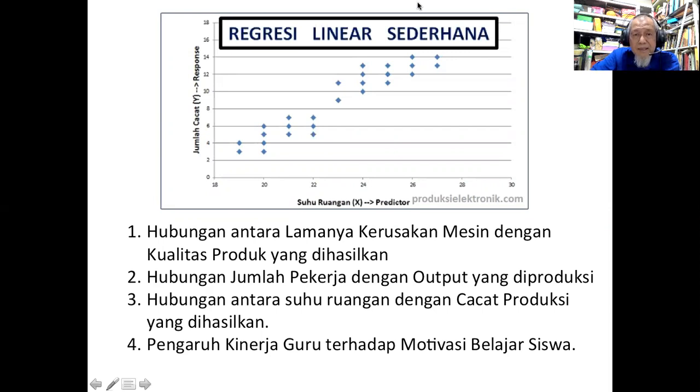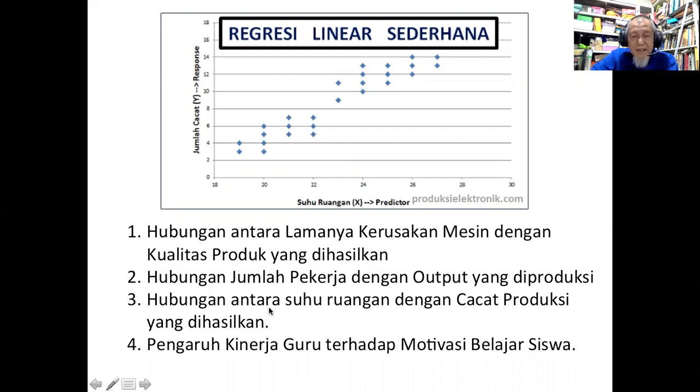Another example is the relationship between the number of workers and the production, the product output. So we may assume that the larger the number of workers, the more product will result.